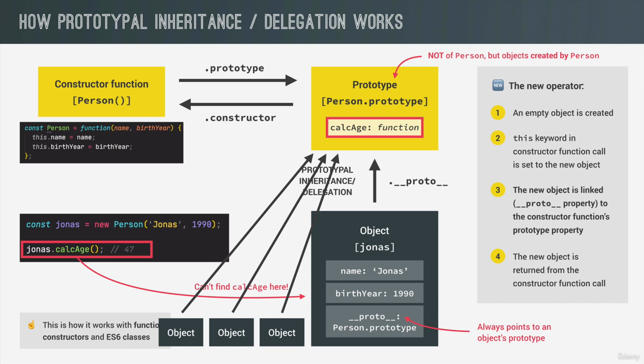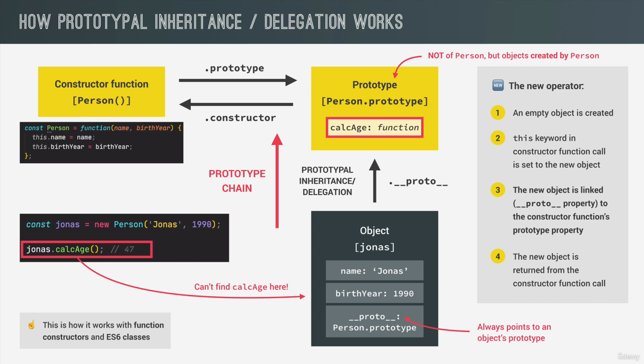Now, the fact that jonas is connected to a prototype and the ability of looking up methods and properties in a prototype is what we call the prototype chain. So the jonas object and its prototype basically form a prototype chain. But actually, the prototype chain does not end here.